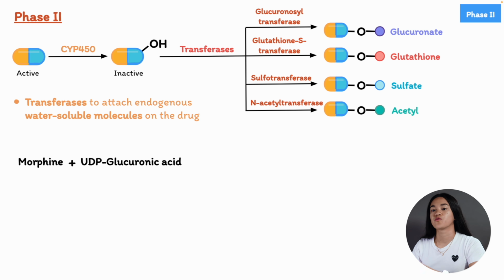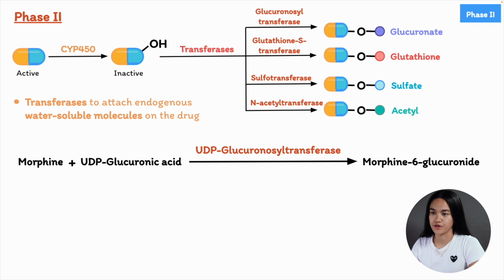The process transforms morphine into morphine glucuronide. As you can see, the name kind of looks like glucose, and that's because glucuronide is a sugar moiety. For a sugar that is very water soluble, attaching a glucuronide to morphine makes the morphine more water soluble. That's phase 2 reactions. Remember, our goal is to make a drug more polar and water soluble.